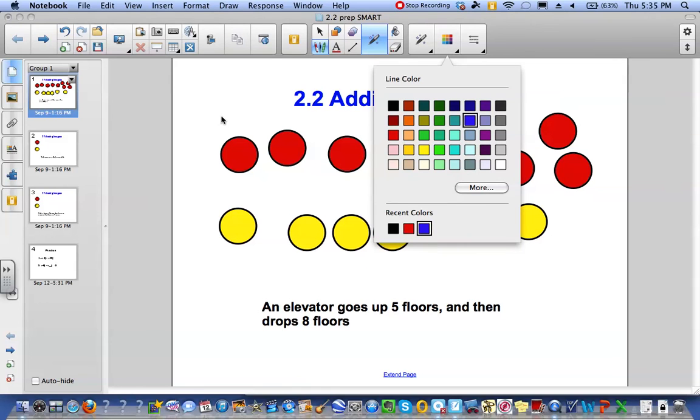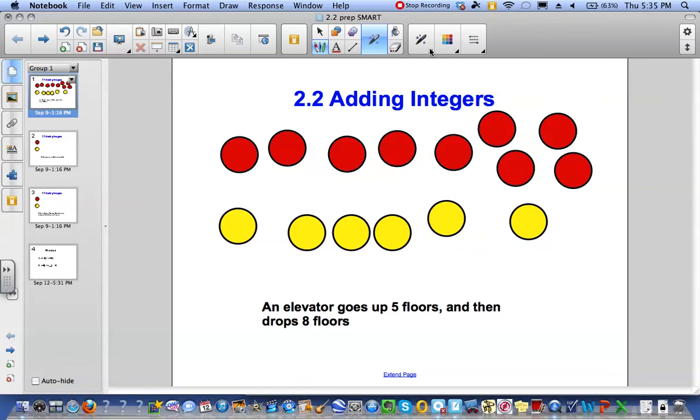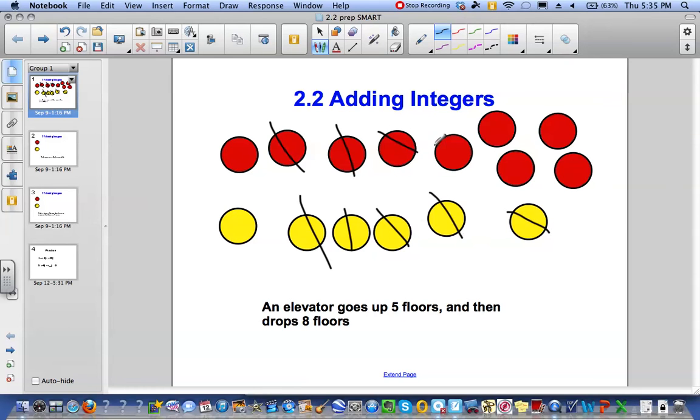So let's try a new one. I want a regular pen. Let's try that again. So I've crossed out all 5 of my positives, so the 5 floors that I went up, and then I did a 0 pair with the 5 of the floors that went down, leaving me with these 3 negatives here.